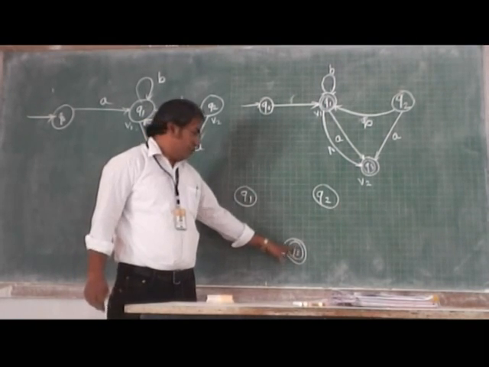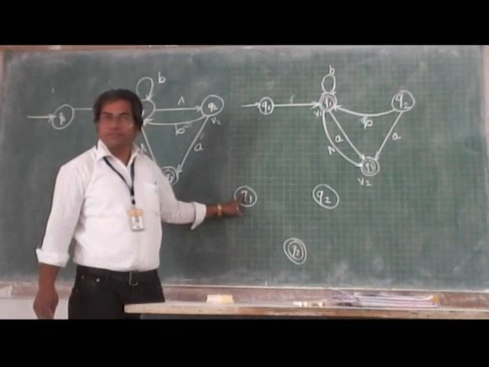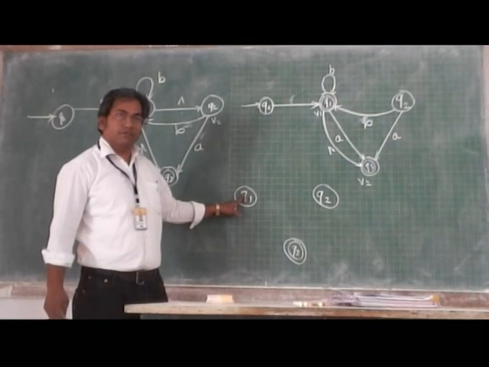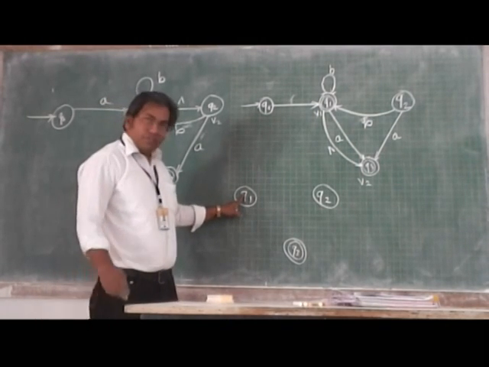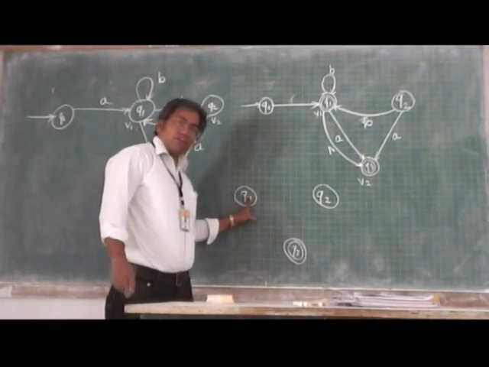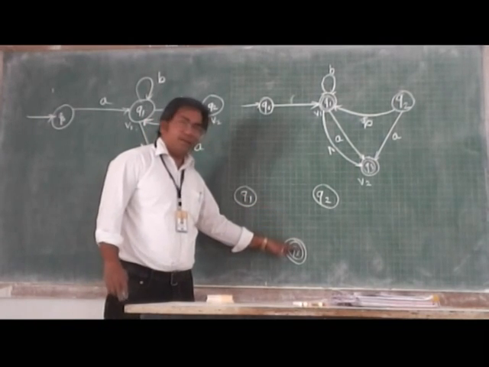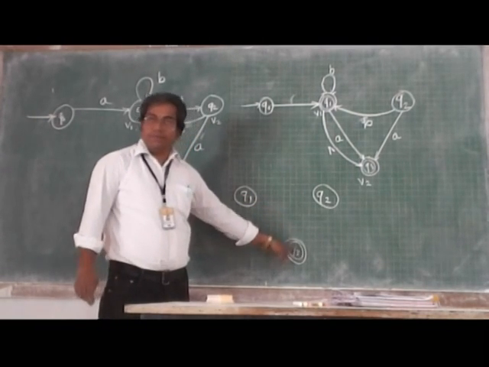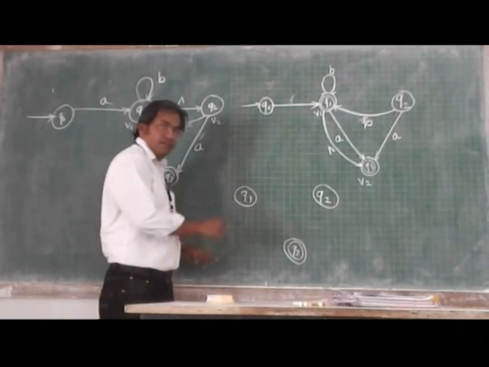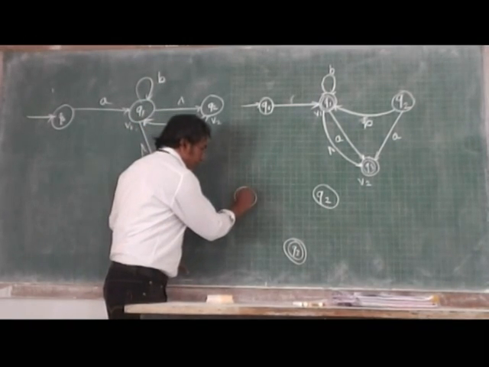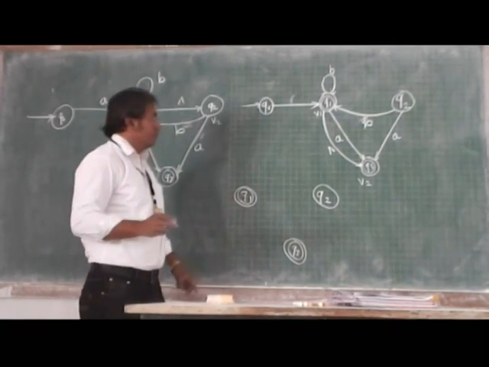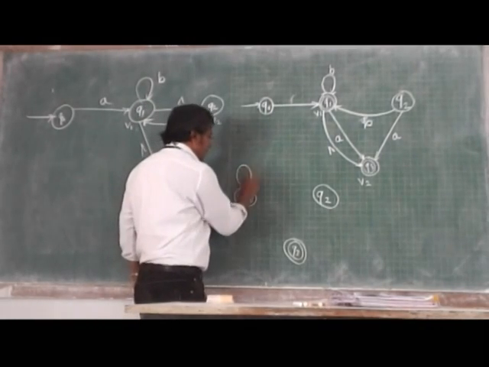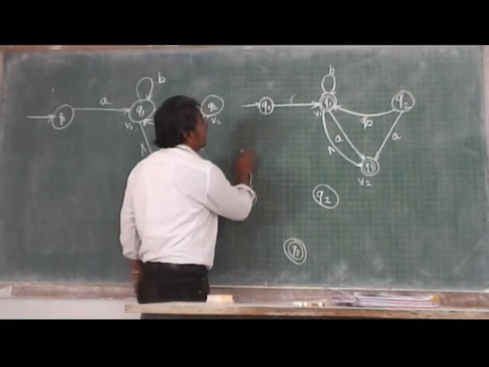So I am not copying anything from Q1. Third step is again not applicable. In the fourth step, since V2 is a final state, I need to make V1 a final state. I will do this much change only. Get it? So the rest of the transitions I will copy as they are.